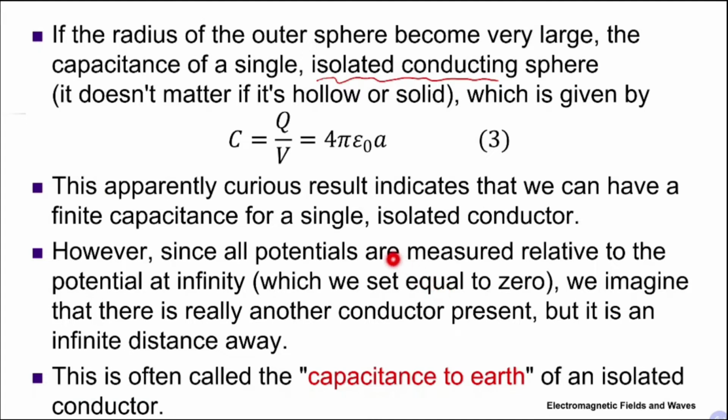But this is not contradicting. We just reference the other side of the conductors to something very far away, in infinity. Okay, so this is referred to as the capacitance to Earth of an isolated conductor. So we have one sphere, and the other reference point is the Earth.